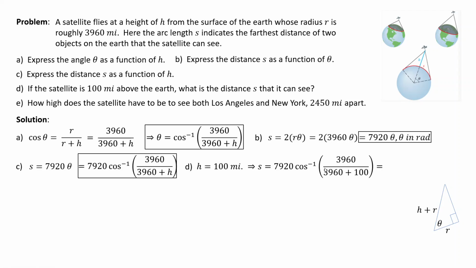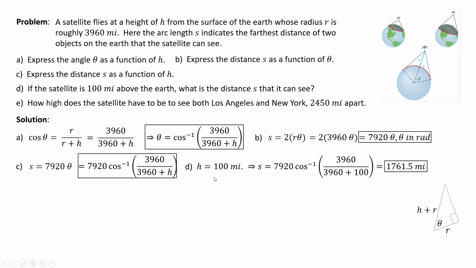I think I punched this into MATLAB, and it said that's 1761.5 miles. Dang, isn't that nice? Right, 1761 miles apart. If there are two cities that far away, the satellite can still see both of them. Wow, mind-boggling.